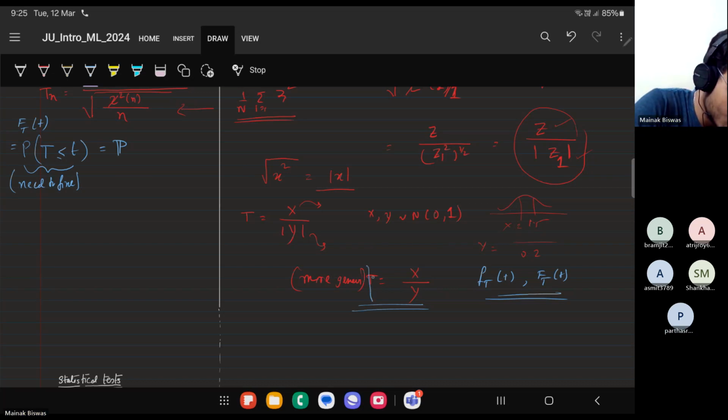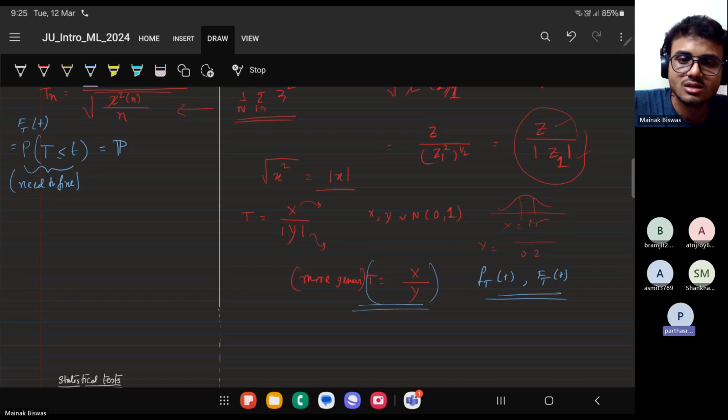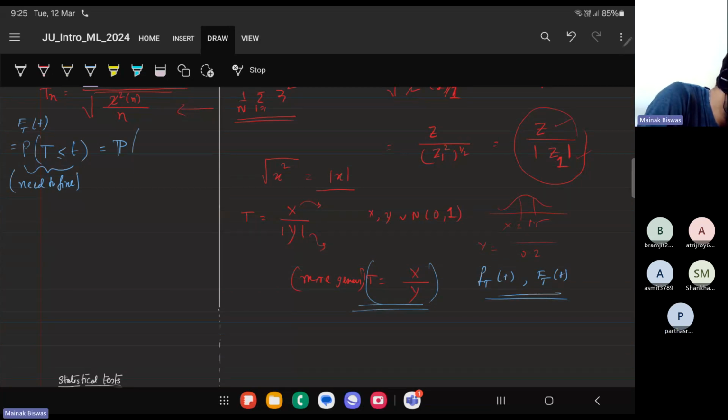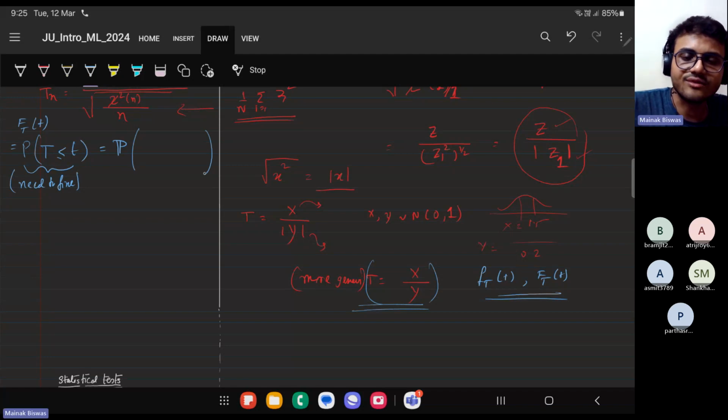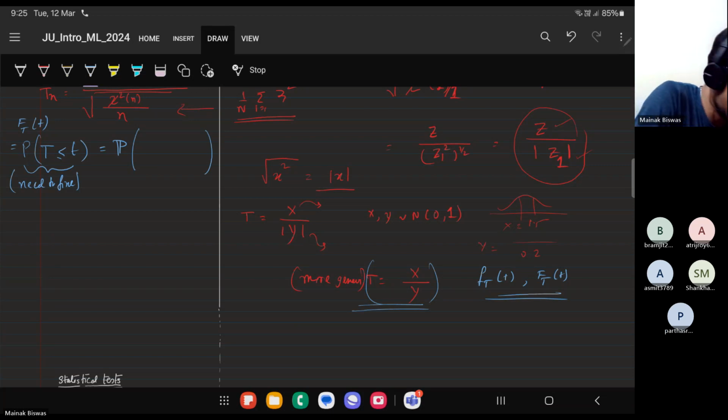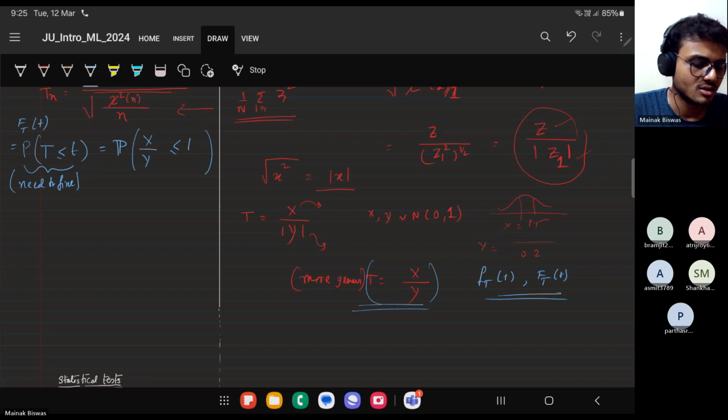So I know the distribution of X and Y, right? They are normal 0, 1. So then what do I do? The next step is to replace T by its definition: X by Y less than or equal to t. Yes or no?